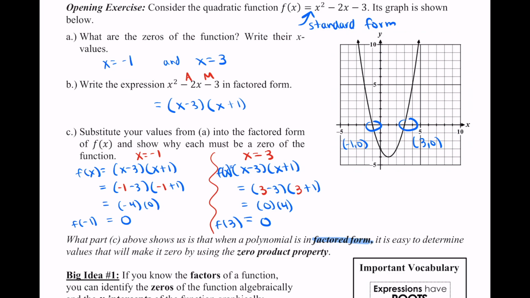So there is a big relationship between the factors and the zeros of the polynomial. At this time, using the highlighted portions from above, what do you think the relationship is between the factors and the zeros? All right, hopefully you're noticing that the factors and the zeros are the same number, but opposite signs.